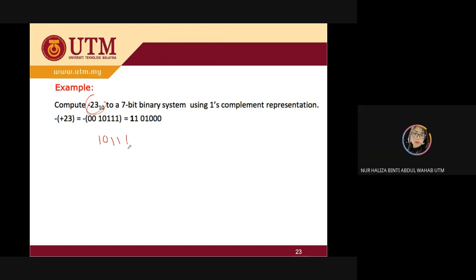Okay, this is 23. And then because it needs to be 7 bits, 1, 2, 3, 4, 5, 6, 7. So it's going to be like this for 7 bits, and you have negative in front.